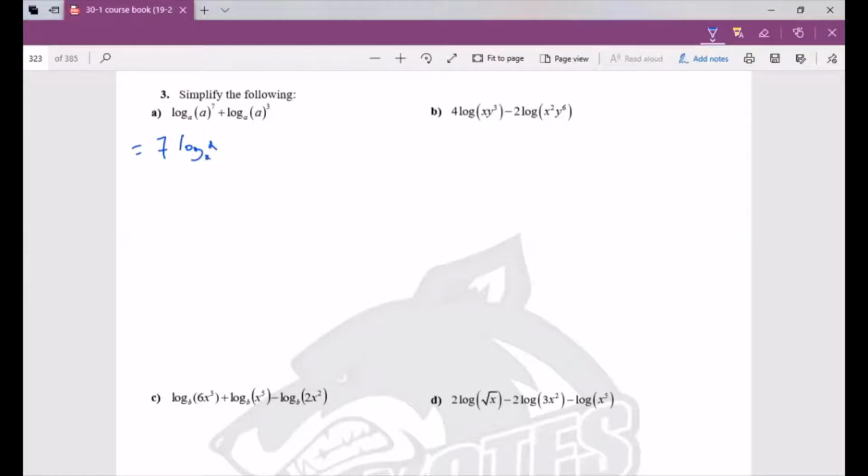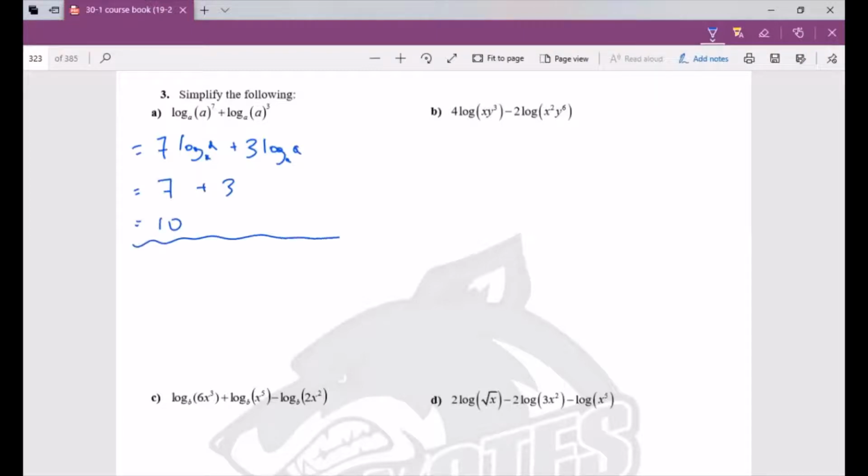Use your power rule, bring that exponent down front. And we have 7 of log a base a plus 3 of log a base a. Whether we add them together and get 10 log a base a, or whether we call this 7 plus 3, because log a base a is just 1, this ends up being equal to 10.